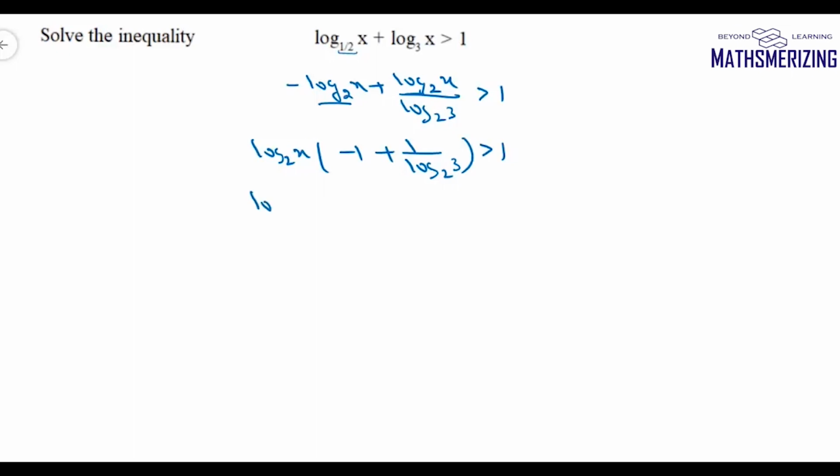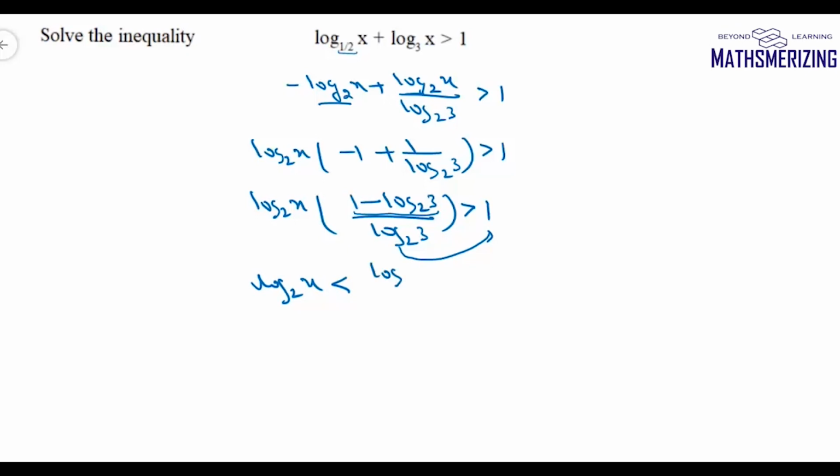So which is log x base 2 times 1 minus log 3 base 2 upon log 3 base 2 is greater than 1. So now I'll take it on the right hand side. Now 1 minus log 3 base 2 is a negative number. So when I multiply with a negative number, the sign of the inequality will reverse. So I'll write it as log x base 2 should be less than log 3 base 2 upon 1 minus log 3 base 2.